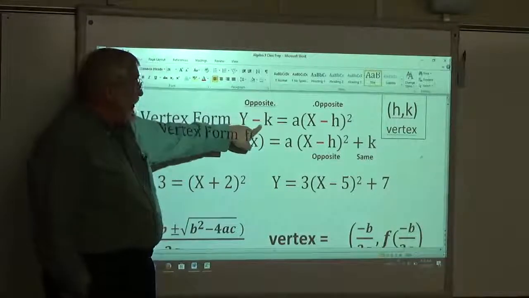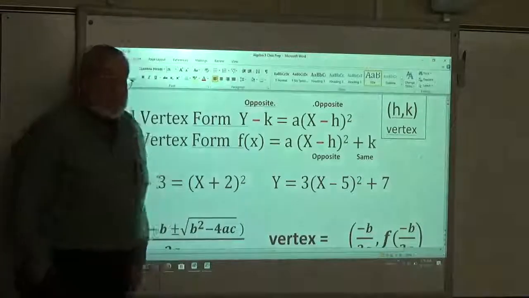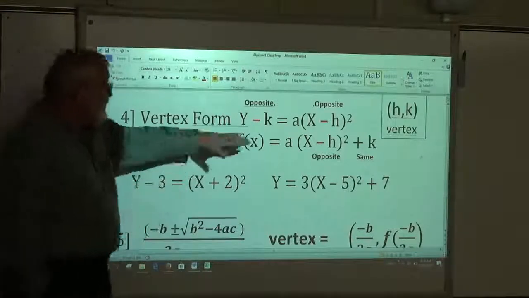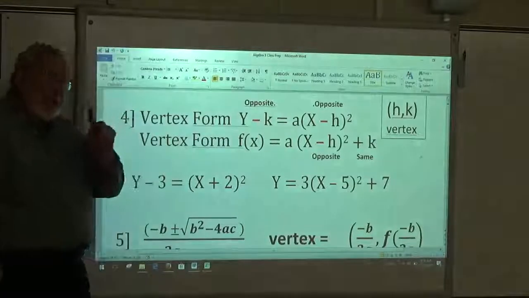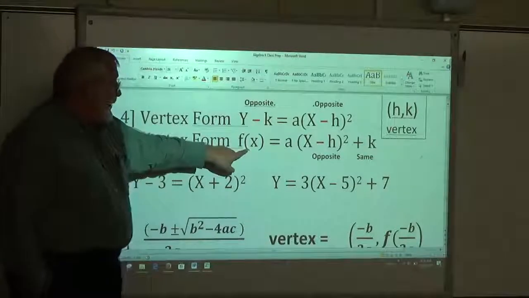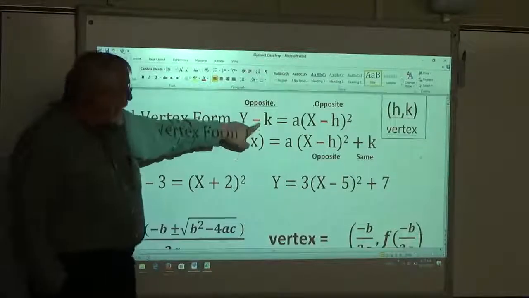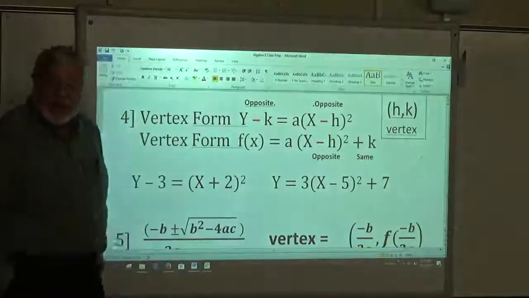So it's going to be the opposite of the number that you look at here and the opposite of the number that's inside the parenthesis. Okay? Now, that's the traditional way of representing it. However, most of the time, you see the y represented as f of x. So what happens is this k is added to both sides, so it ends up on the other side.